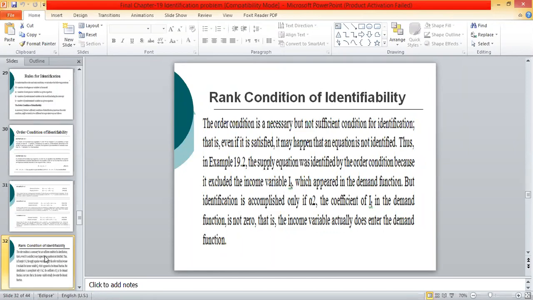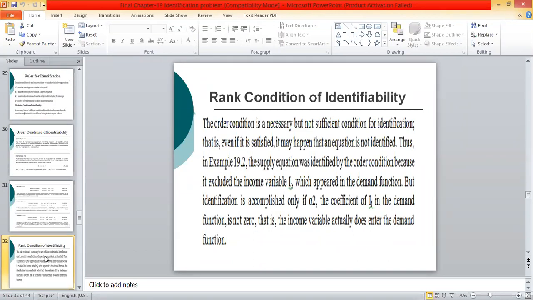Identification of an equation in a model of simultaneous equations is possible if that equation excludes one or more variables that are present somewhere else in the model.